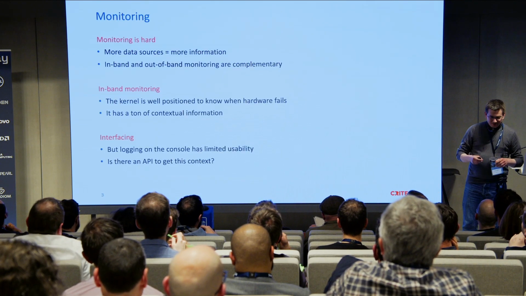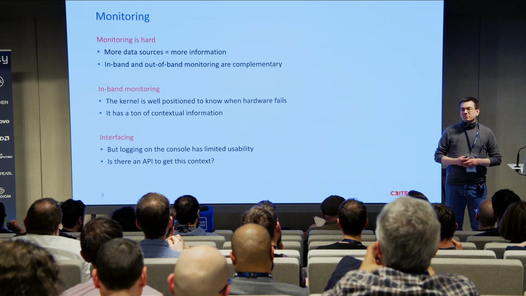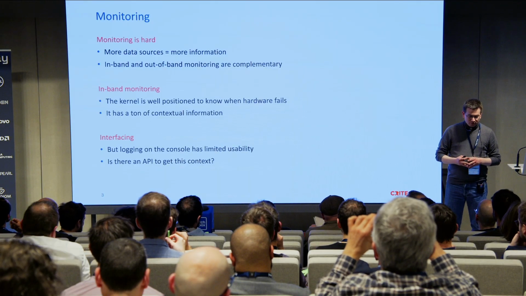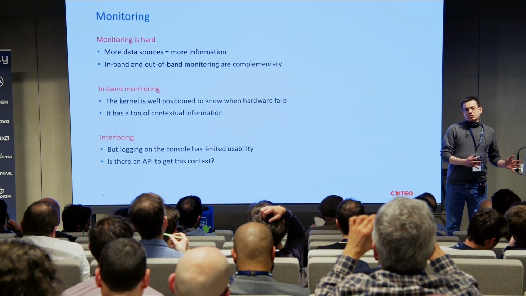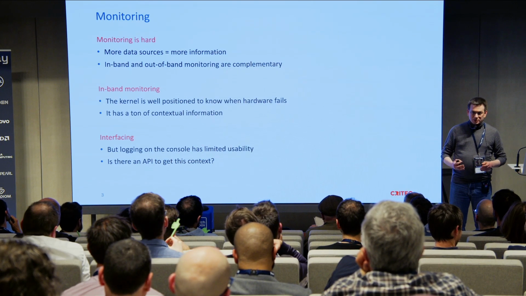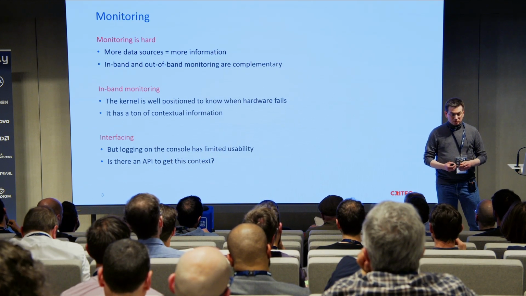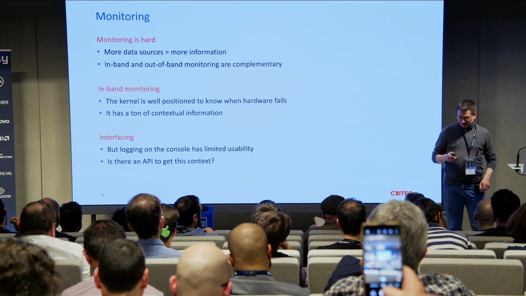And often, if you want to do something precise, you need to aggregate multiple data sources. More data sources is more information. And so, inbound monitoring and outbound monitoring are two complementary techniques to be sure that the hardware is working or not.